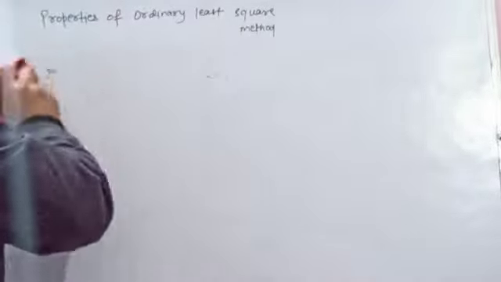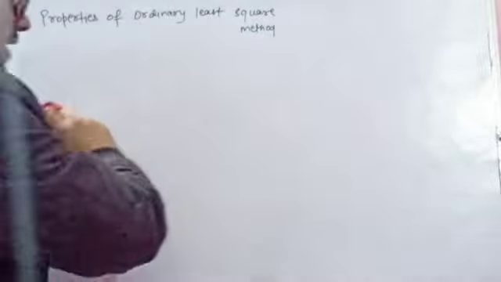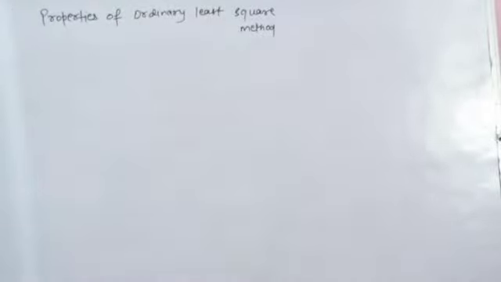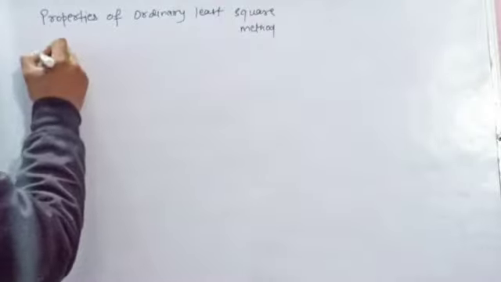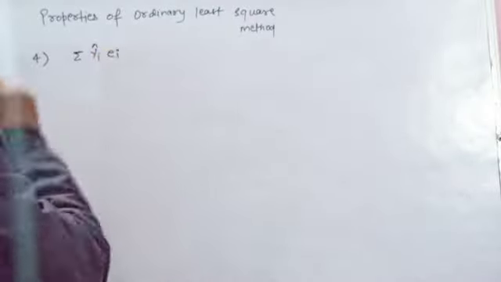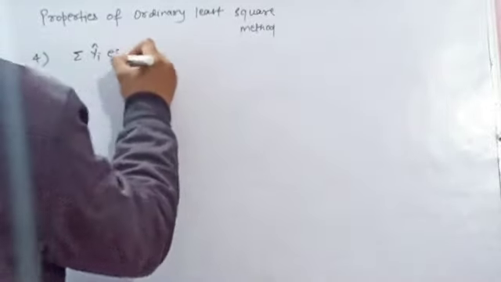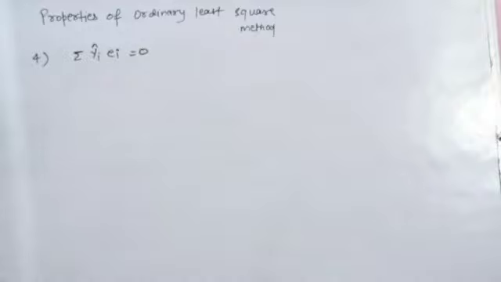Now we will discuss the fourth property of the ordinary least square method. The fourth property is summation yi hat ei is equal to 0. Please keep all these properties in mind, and practice and revise them two or three times a day. Then it will be very useful to you later on.